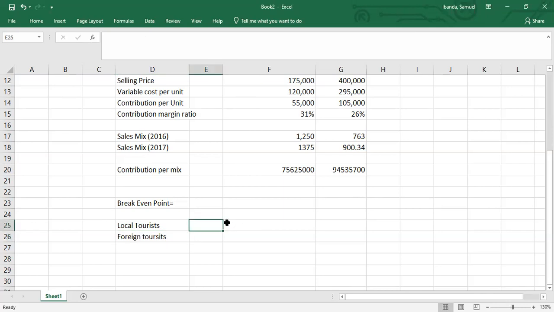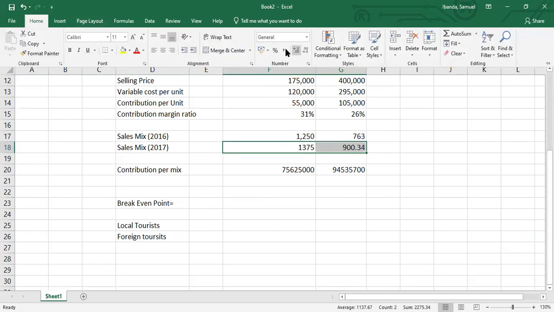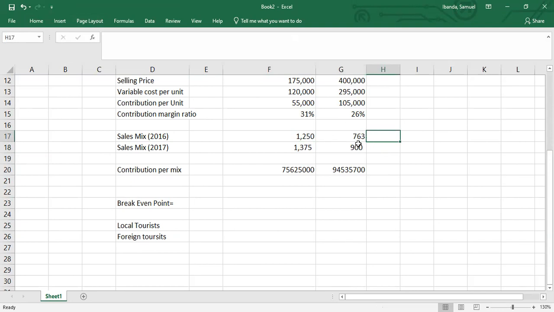So I'm going to multiply this that I have here times the sales mix, times what I have as my sales. Let me have the total. Okay, so total is a summation of this.